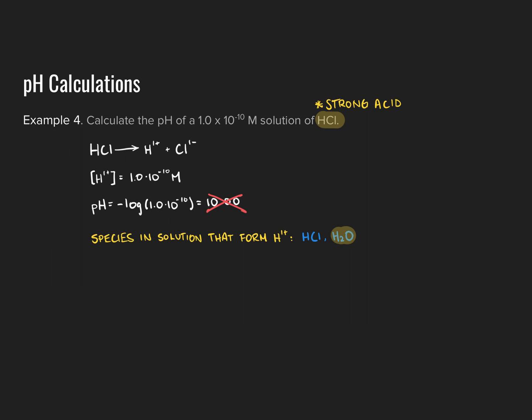Which means, therefore, even though hydrochloric acid itself is the stronger acid in this system, it is water which is going to be the dominant producer of hydrogen ions present in this solution due to the very low concentration of HCl.